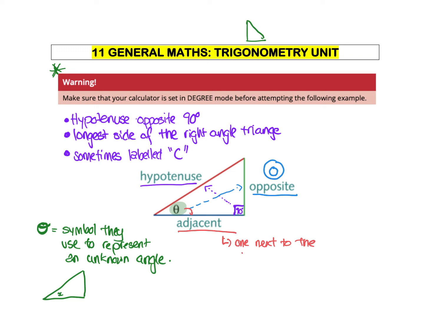Adjacent means next to, like next door. So we need to label your triangle because it's going to be crucial, because it helps you determine which formula we're going to be using. We might call the adjacent the A, and we put a circle around it. I like to use H for the hypotenuse, just so I know it's the hypotenuse.